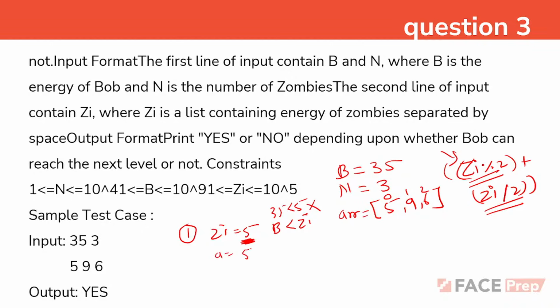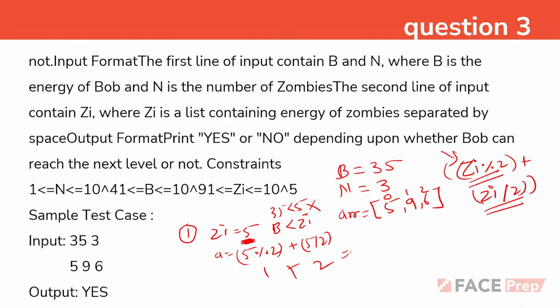Zi is 5, so 5 mod 2 plus 5 by 2. 5 mod 2 is going to be 1 and 5 by 2 is 2.